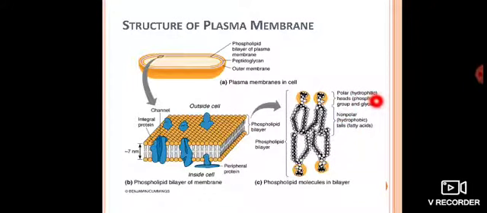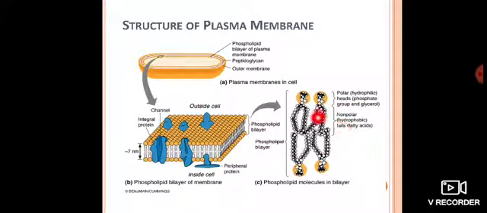The polar hydrophilic head contains the phosphate group and glycerol. Polar head, everybody knows what polar is. Hydrophobic means water hating, okay. So the yellow heads here and in the downward position, the phosphate group portions, are present on the outer part.